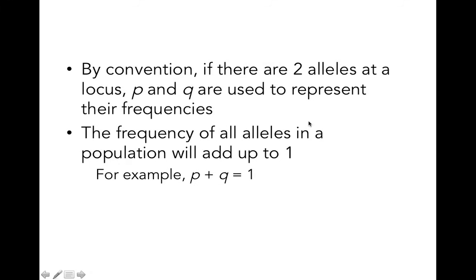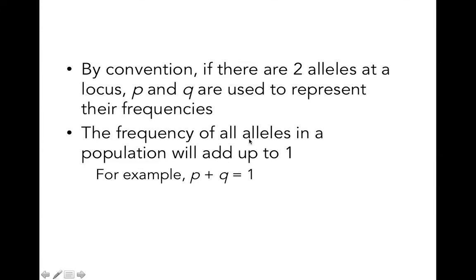We usually refer to a case where we've only got 2 alleles, a dominant and a recessive. We refer to those alleles as P and Q, and that's what we use to refer to their allelic frequencies. What is a frequency? A frequency is basically another way of saying what percentage of all of the alleles in a population are P and what proportion are Q. If we're talking about percentages, they're always going to add up to 100%.